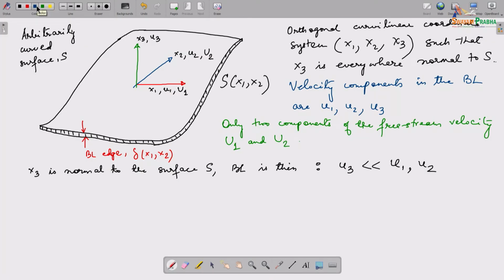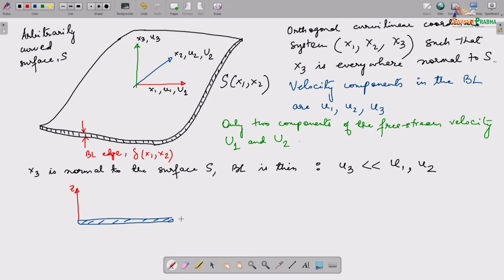If I were to explain that a little more, for example, if I'm looking at a flat plate, the plate that you've looked at earlier, and the boundary layer forms on this.